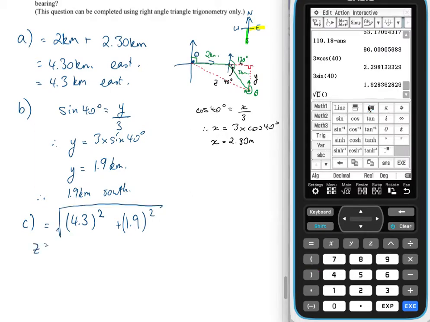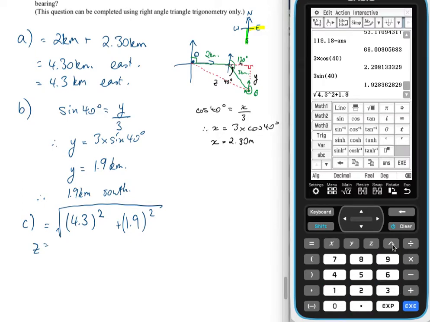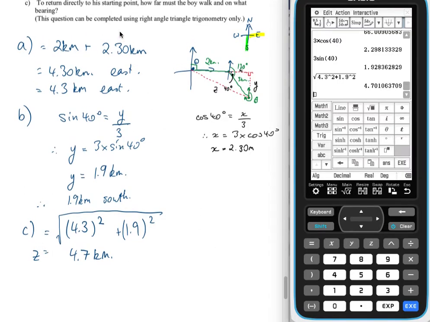And you can actually use a square root function in your ClassPad. So 4.3 all squared plus 1.9 all squared equals 4.7 kilometers. So let's have a look. To return directly to his starting point, how far must the boy walk? Well, I think we can say we've done that.